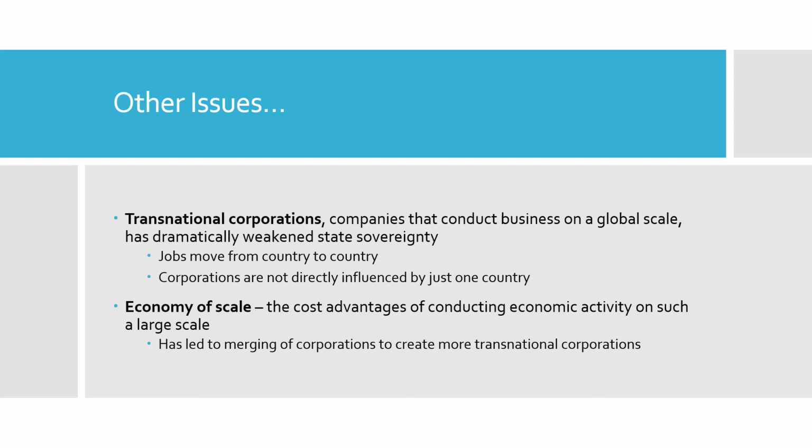So broadening your scale to become transnational rather than just national makes more money for you because you can save on labor cost by paying your workers less in another country. So again, the threat to sovereignty is that those jobs in your own country leave, and that creates an economic issue. So this is certainly something that should be tracked.